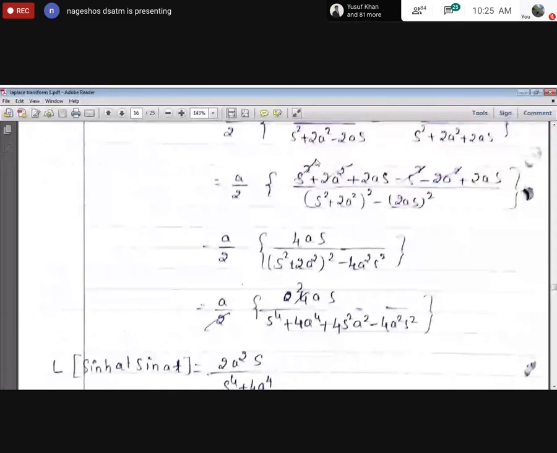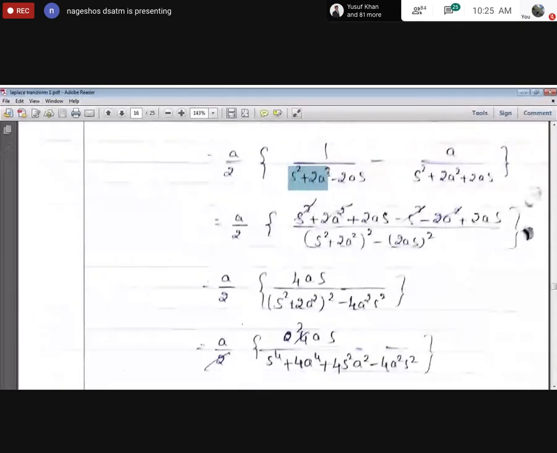So you can write this as a minus b, a plus b. Okay, a minus b, a plus b is a square minus b square. Okay, like that we are writing. This whole, which I marked, this is treated as a, this is b. Don't get confused with squares. This whole thing is regarded as a, this whole thing is regarded as b.